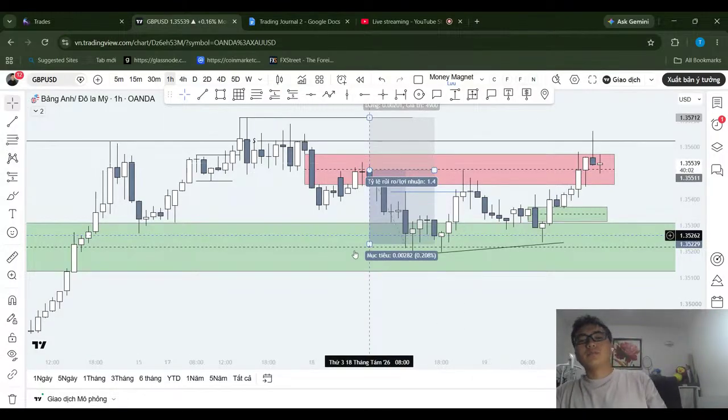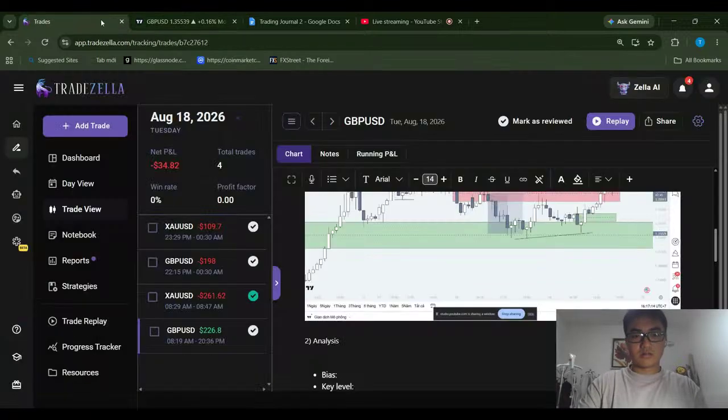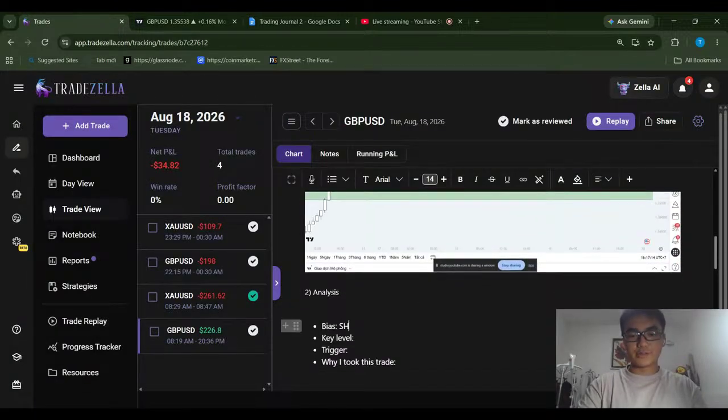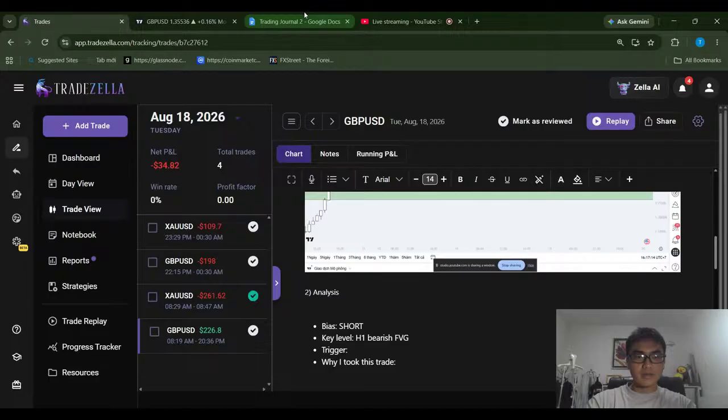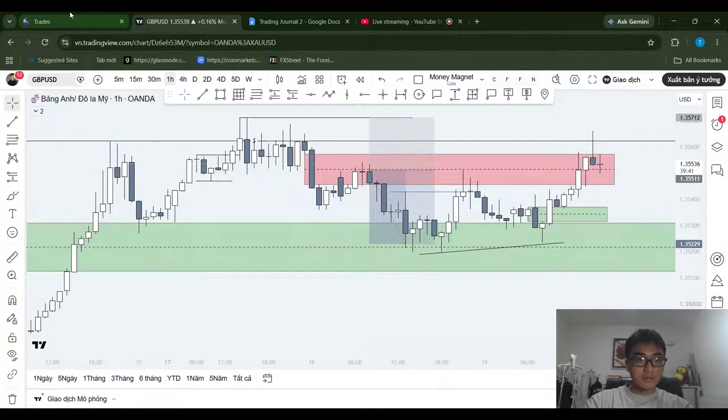Yes, just keep going. The bias is short. The key level is based on the H1 bearish FVG. The trigger is just one reaction on the trade.